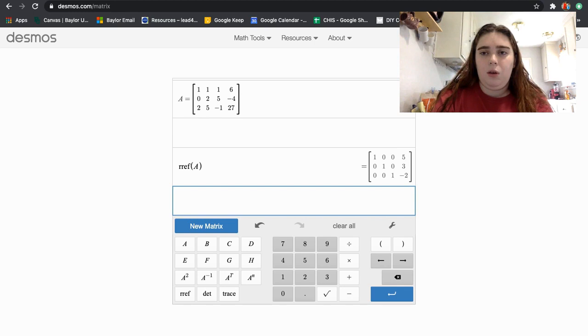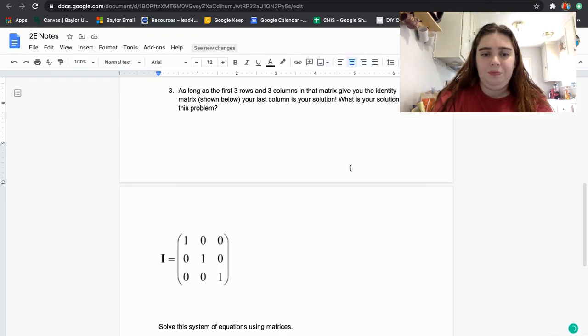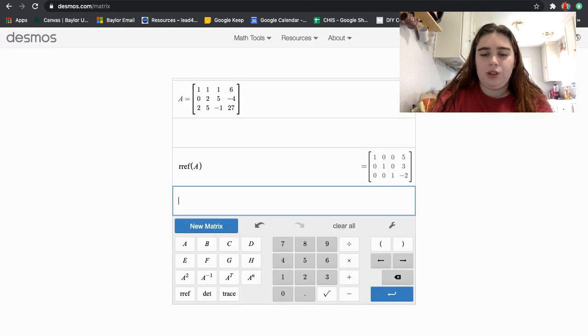So what is our solution? Go ahead and write your answer down on your notes. Our solution is going to be 5 for x, 3 for y, and -2 for z. So that is how we find our solution using matrices in Desmos or Inspire.